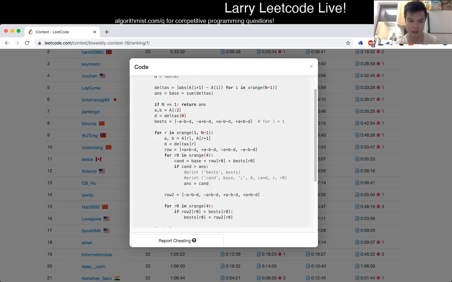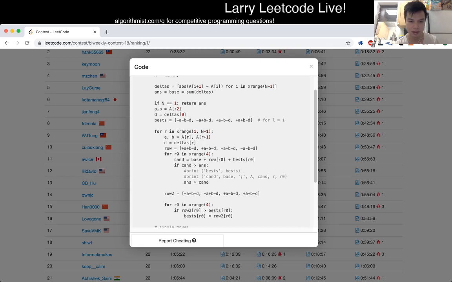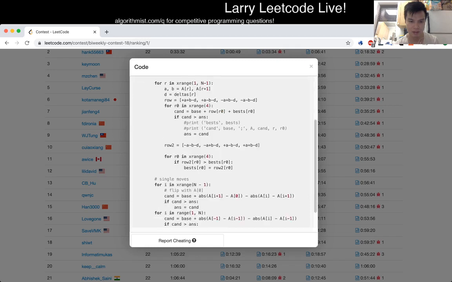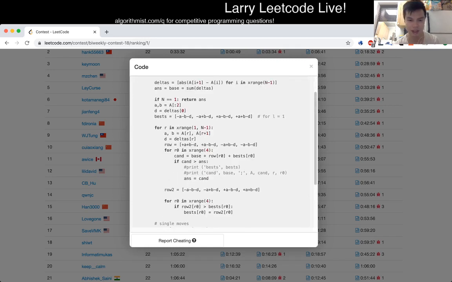I mean, I guess this is just dynamic programming in some way. Essentially, this is the dynamic programming solution with the possibilities on the thing.